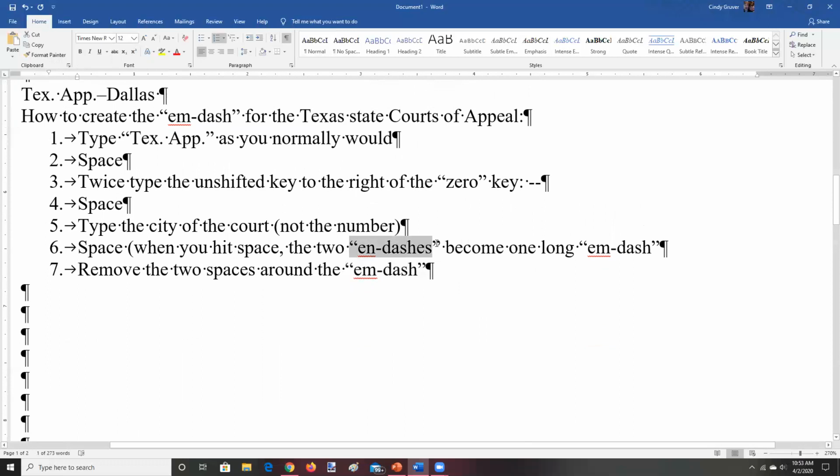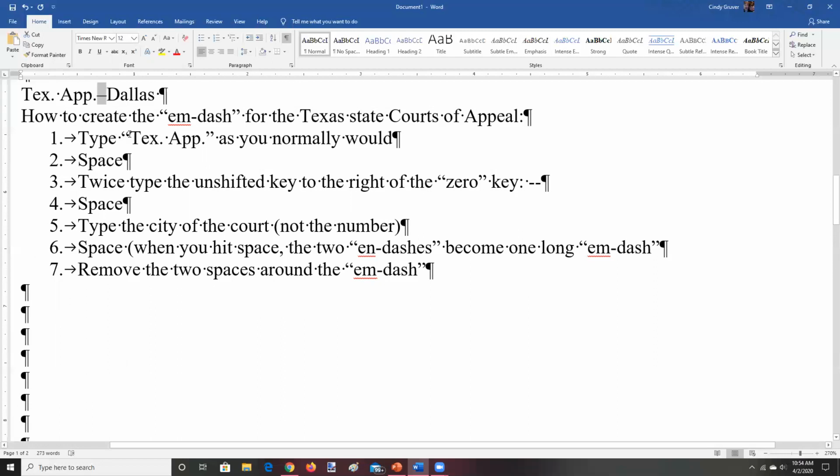The way I remember it is the letter M is longer than the letter N because there's the extra hump in it. So this is an M dash versus an N dash. And then we have the city that has the court. So this is where we're going to put Dallas. This is how it should look when we're done. Let's see how we get to that point.